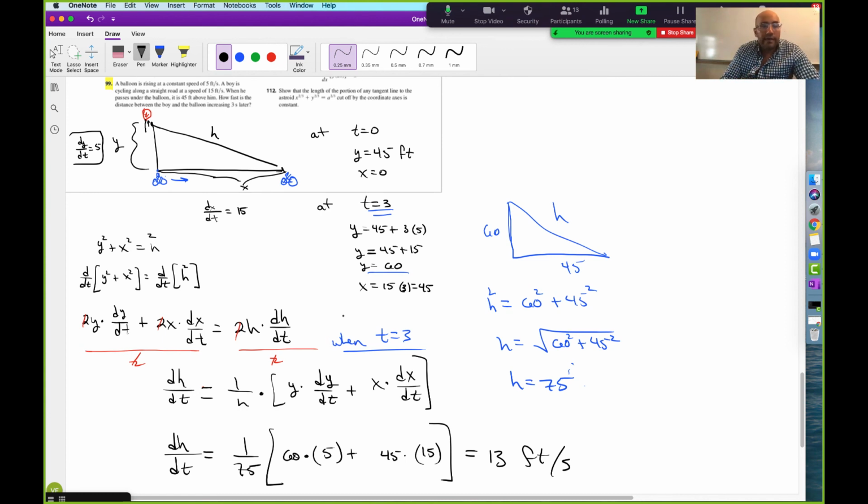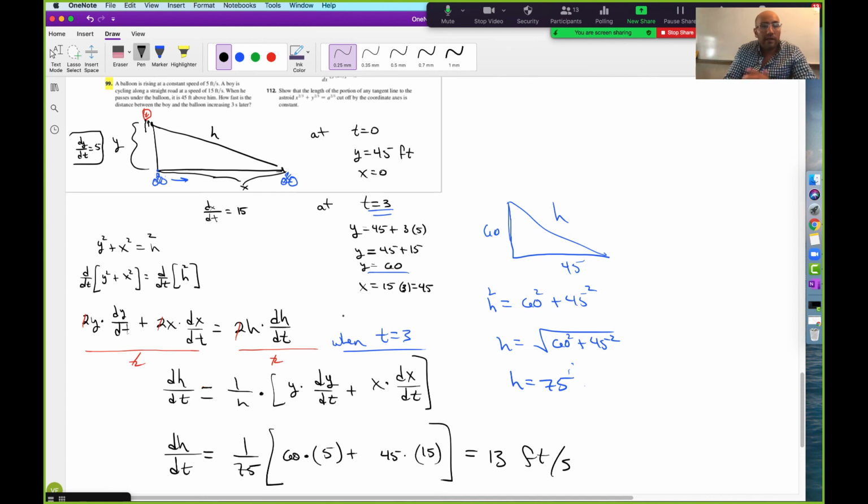So maybe instead of a balloon rising and a little boy traveling underneath it, it might be something about two boats that are traveling and they make this sort of triangle shape as they travel away from each other. One boat is traveling north, another boat is traveling east.